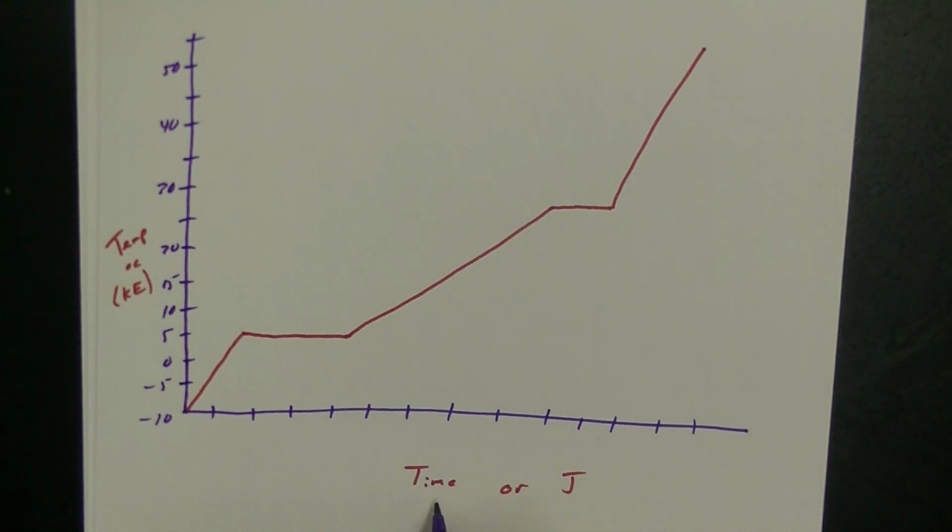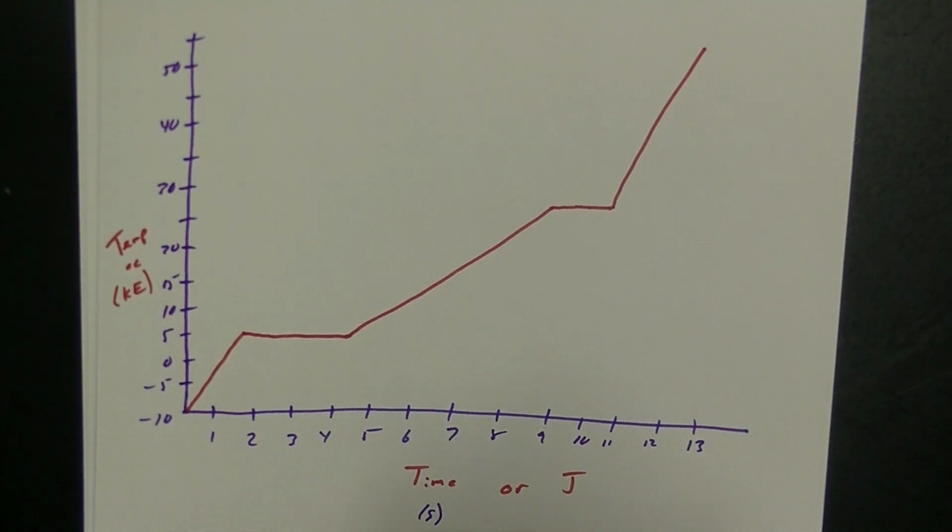And maybe this is in seconds, and we'll go 1, 2, 3, 4, 5, 6, 7, 8, 9, 10, 11, 12, 13. Whatever. So we have our setup. Let's go ahead and start labeling this thing.